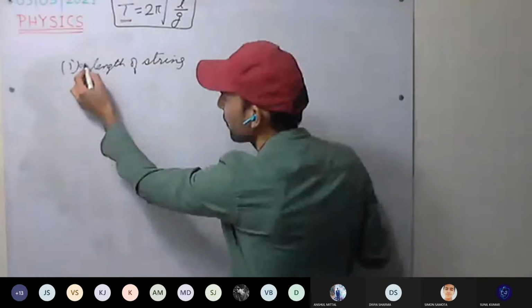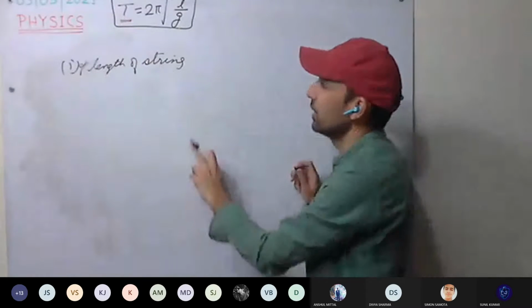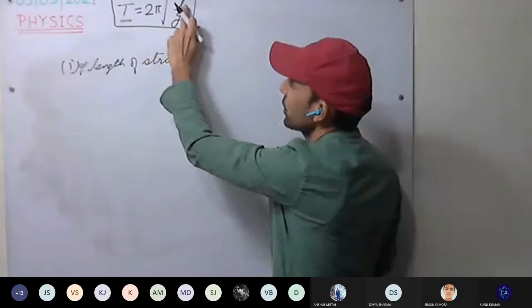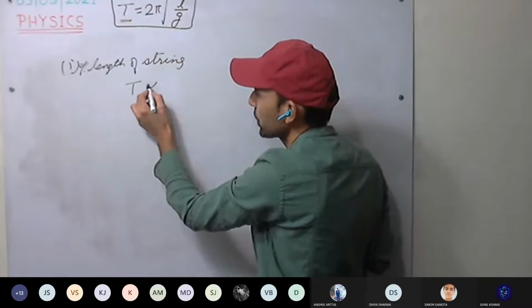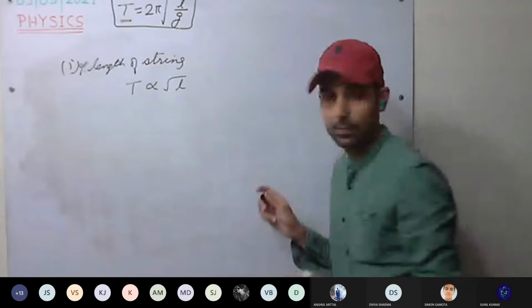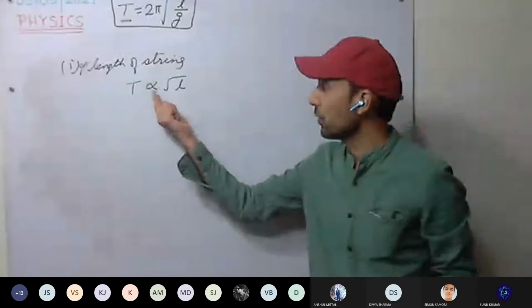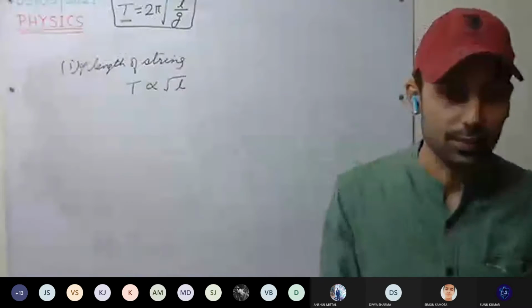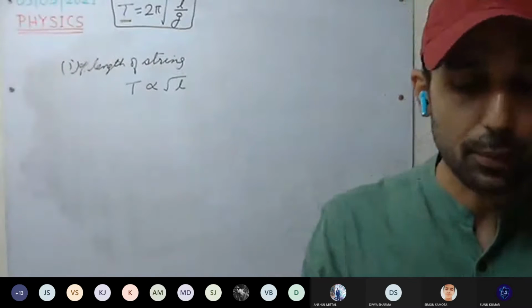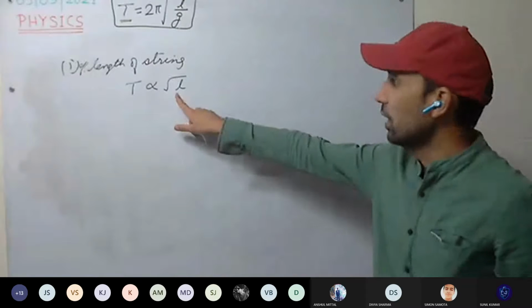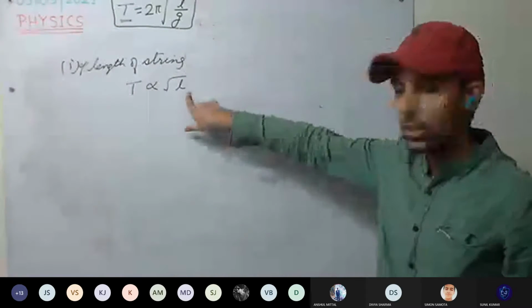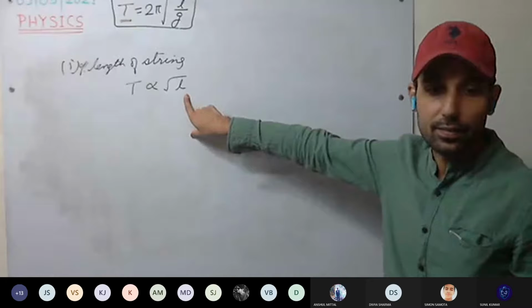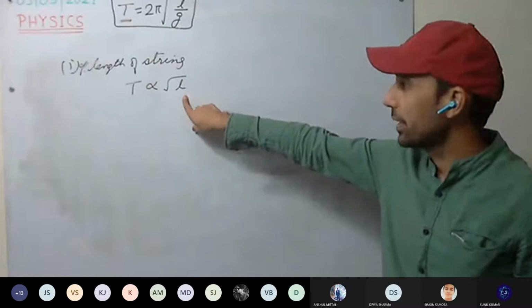This length is nothing but the effective length. See here, T is related to L. How? T is proportional to root L. Time period is proportional to the square root of the length. So the time period of oscillation is directly proportional to the square root of the effective length. We got it from the equation. This is clear?